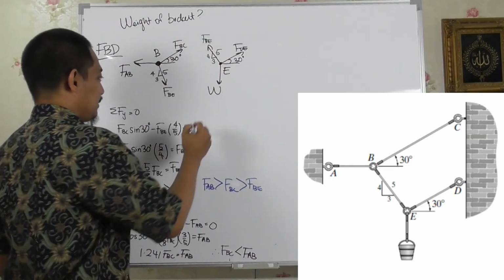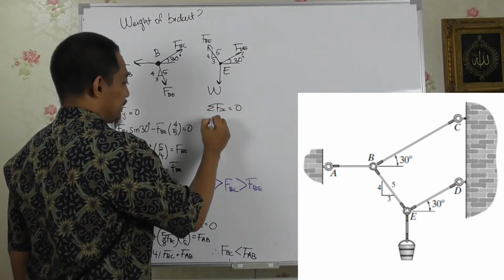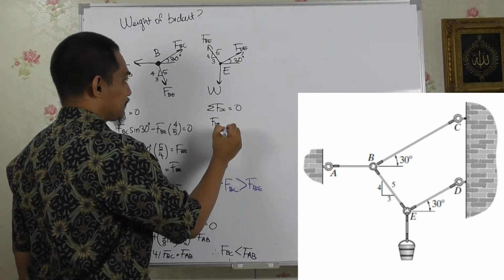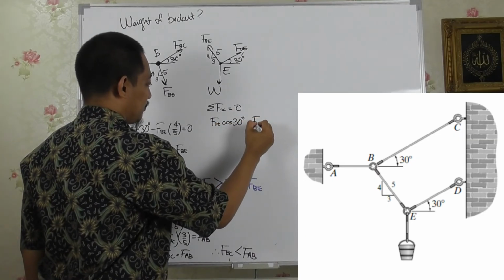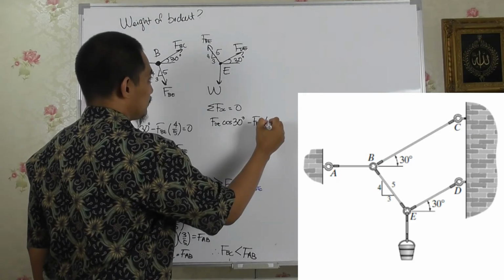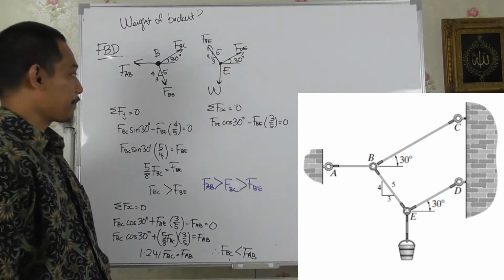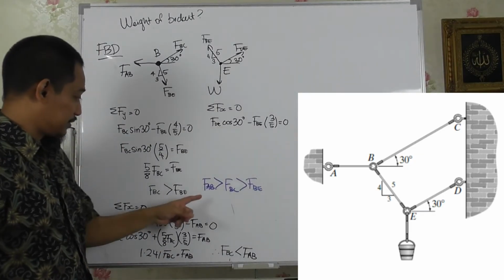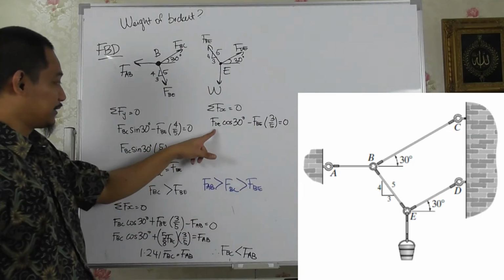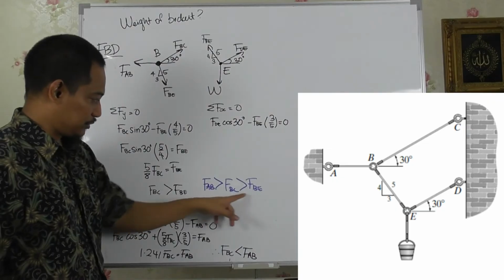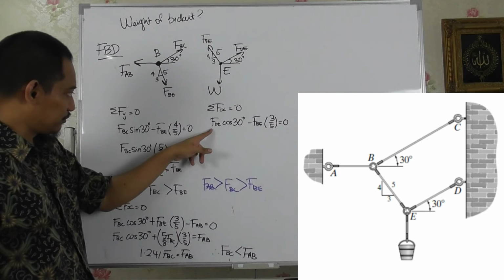Now from here, if the summation of Fx equal to 0, you'll get FDE cos 30 degrees minus FBE 3/5 equal to 0. Right now we have established this relationship, and now we are trying to relate what about FDE. So far FBE is no longer a candidate for the maximum force, FAB is, but we do not know for FDE.